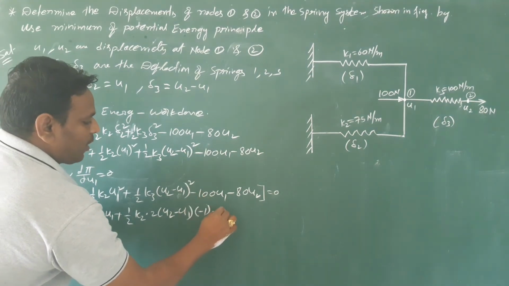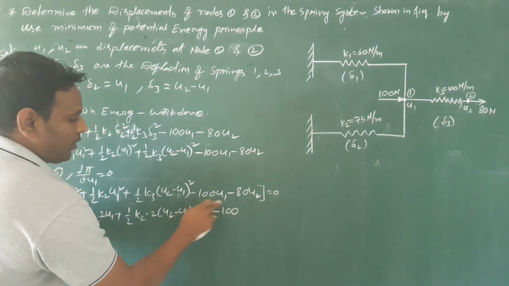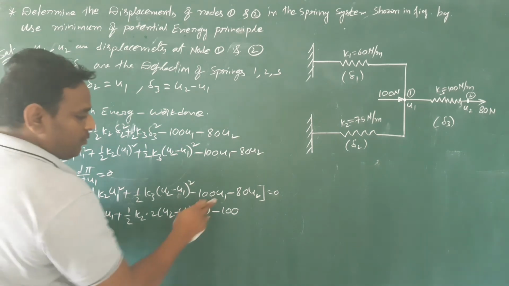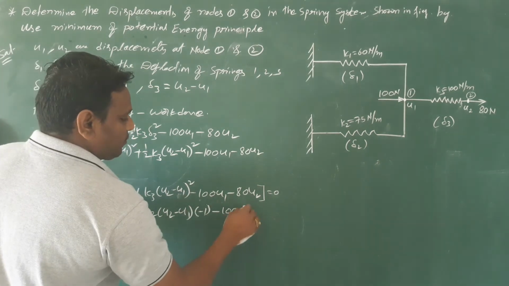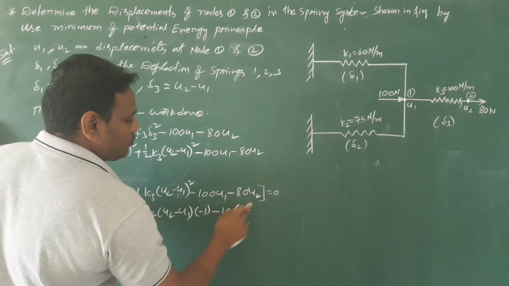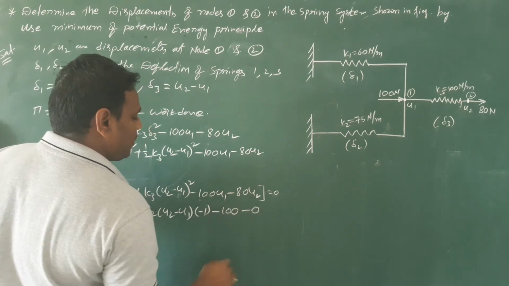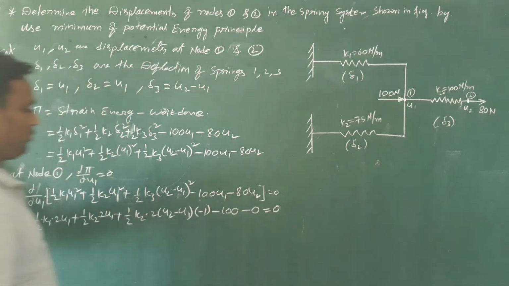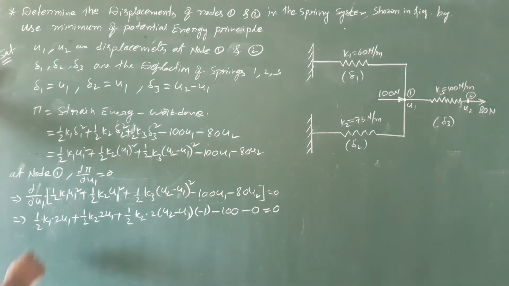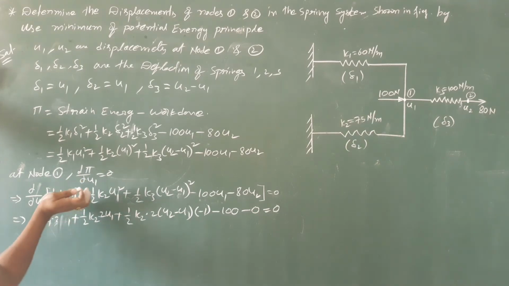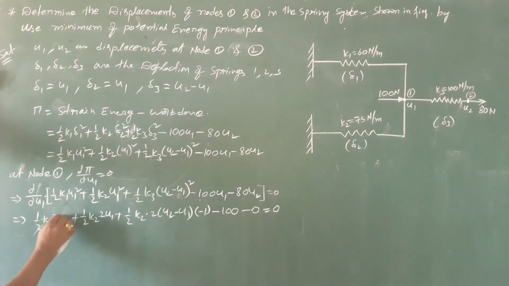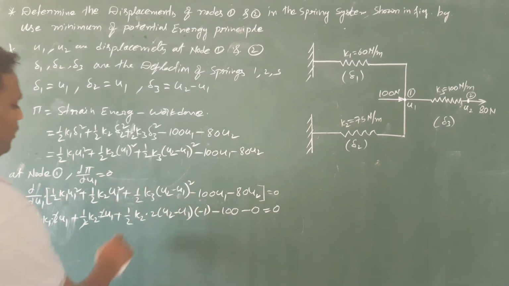Minus 100, where the differentiation of 100 U1 is 1. The U2 term is 0. So finally the 2 cancels here, and here, and here also.